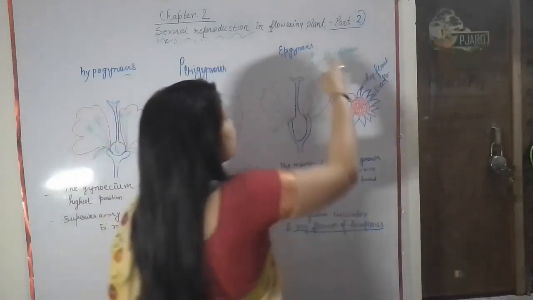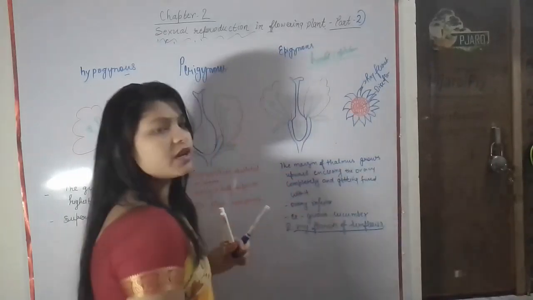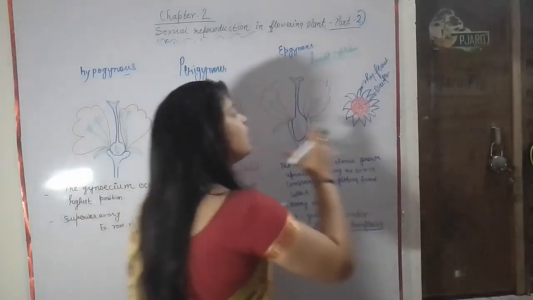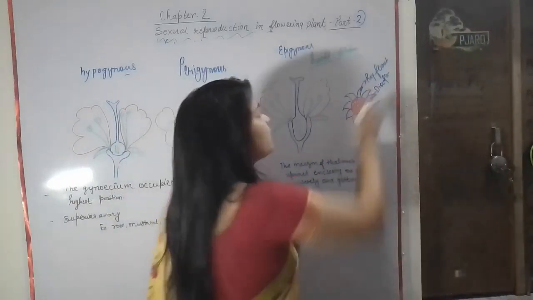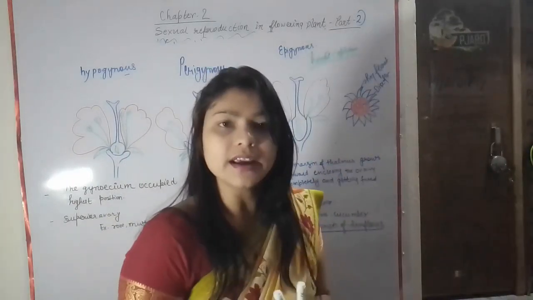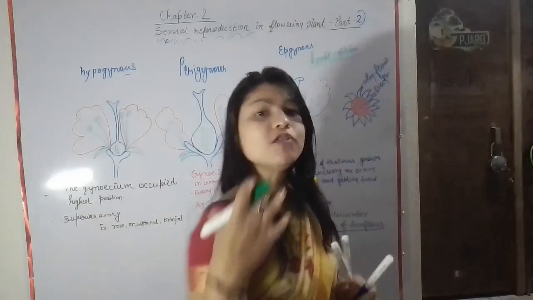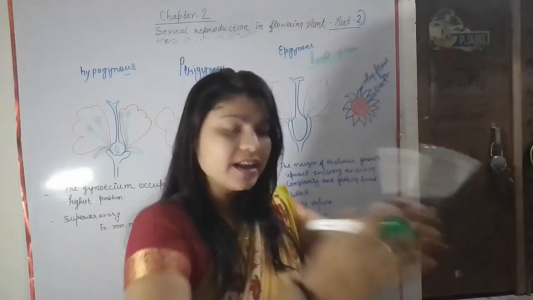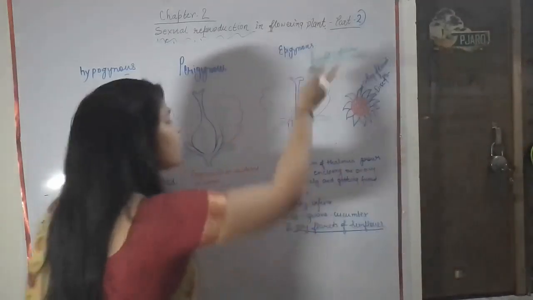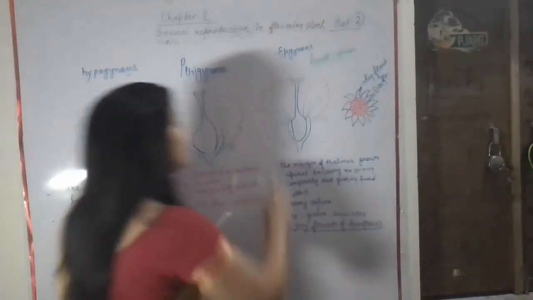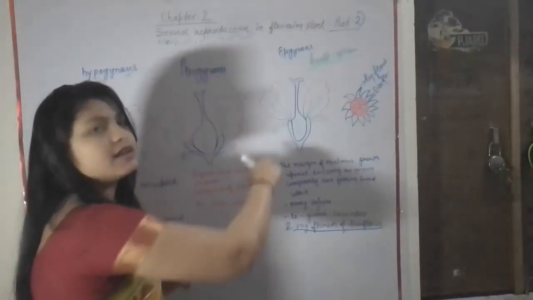What you see in the sunflower, that middle brownish part, is nothing but the disc floret, right? And the yellow part you see outside is the ray floret. So the ray floret shows the epigynous condition.